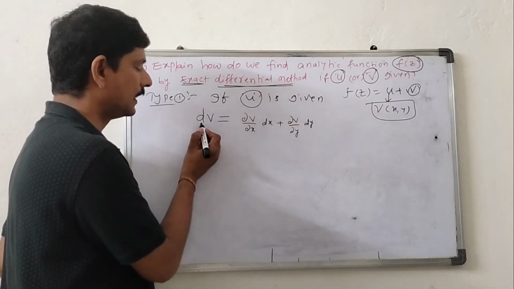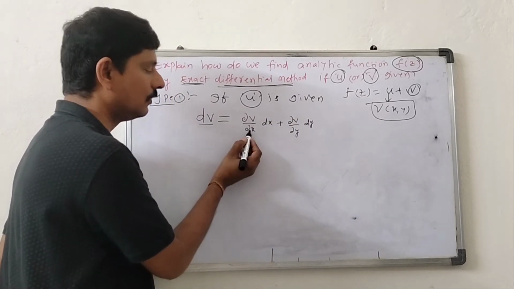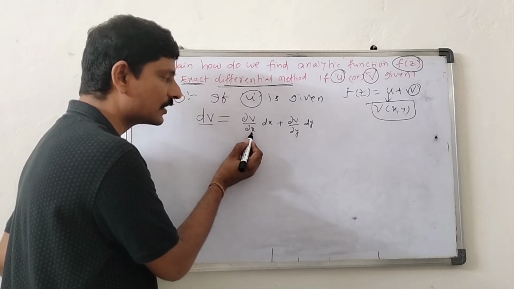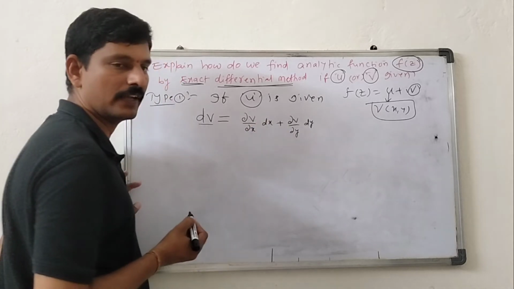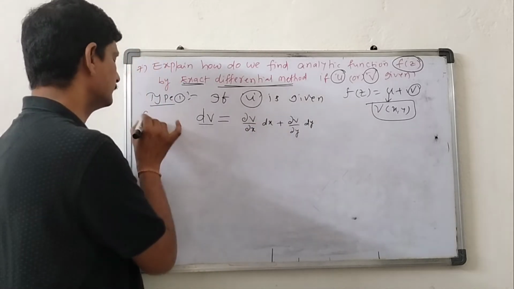Once again, dv is equal to the partial derivative of v with respect to x into dx plus the partial derivative of v with respect to y into dy. This is step number 1.